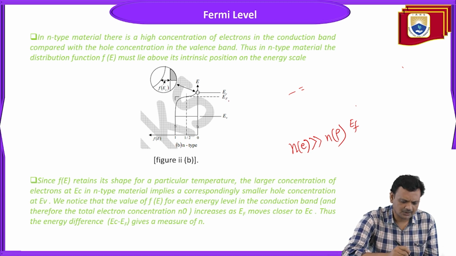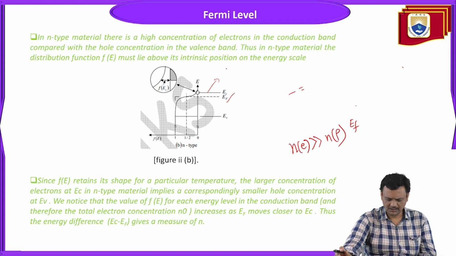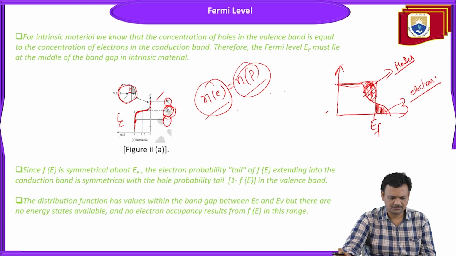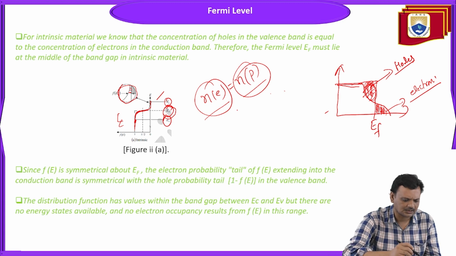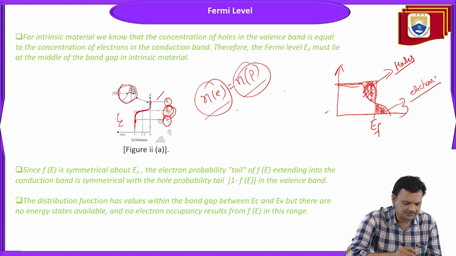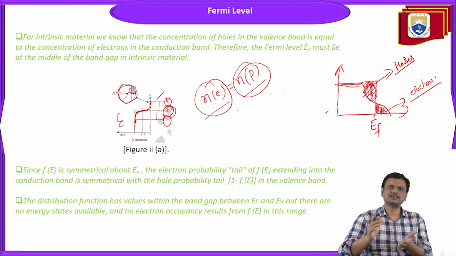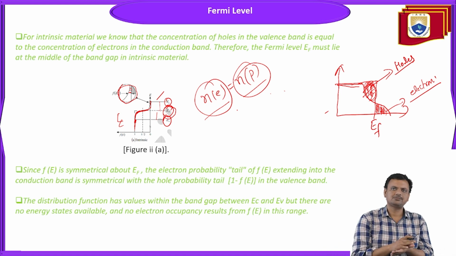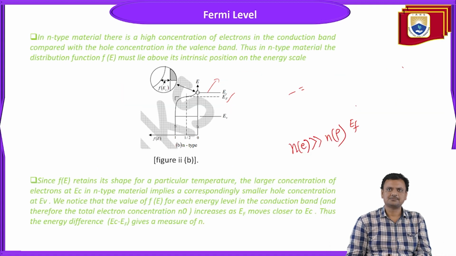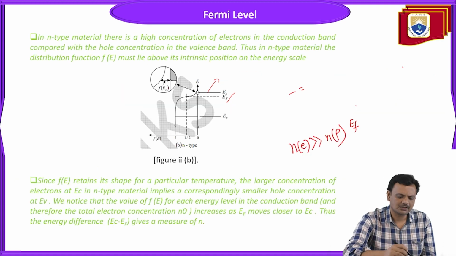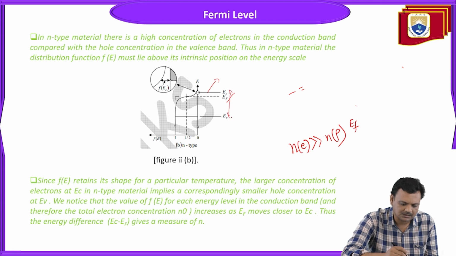So see here, your Fermi level is shifted near to the conduction band, and if you remember the intrinsic case, your EF is exactly situated at the same distance from the valence band and the conduction band, means exactly at the middle of the band gap region.